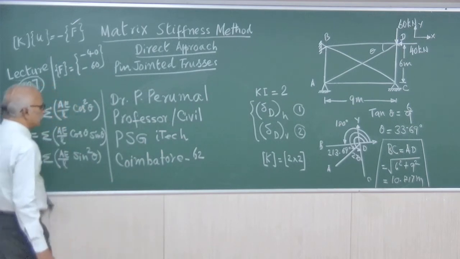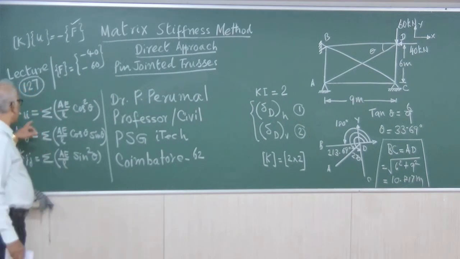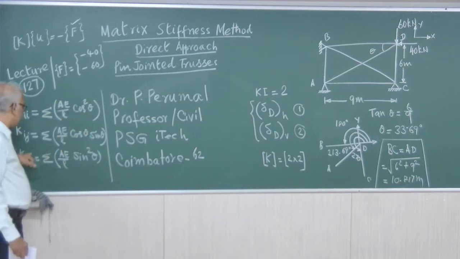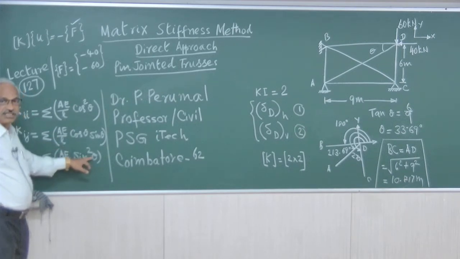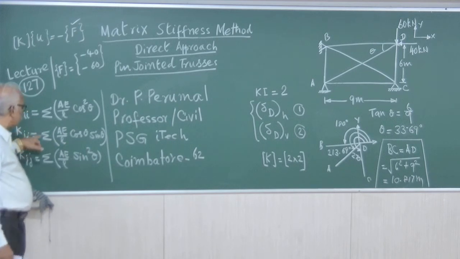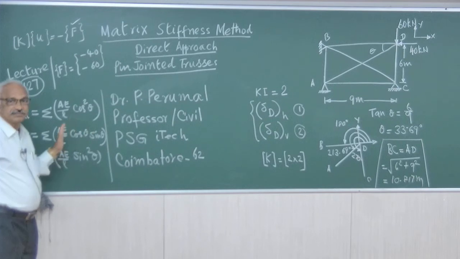For getting the stiffness matrix, we know the equations: Kii equal to sigma AE by L into cos square theta, Kjj is sigma AE by L into sin square theta, and Kij equal to sigma AE by L cos theta sin theta.